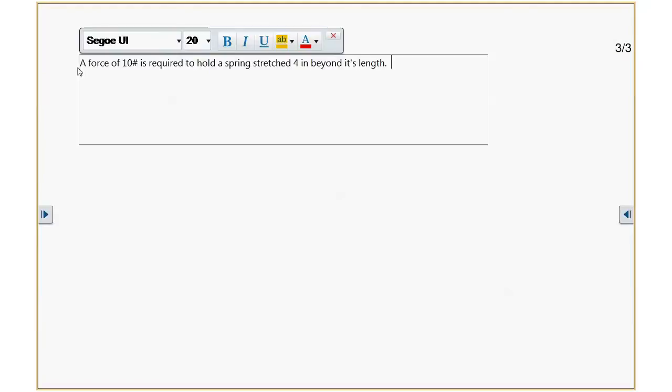How much work is required to stretch the spring 6 inches past its natural length?